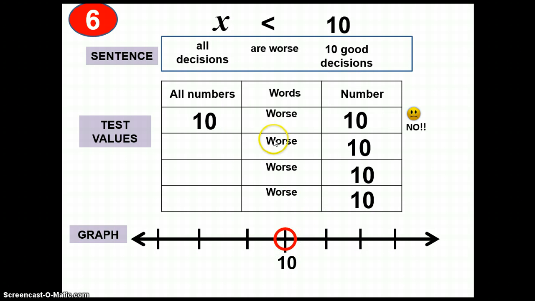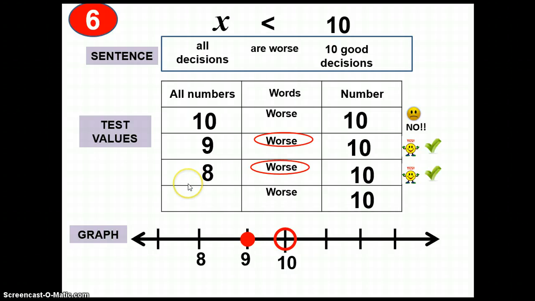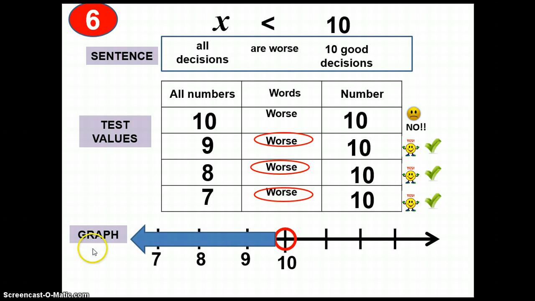What are some other numbers that are worse or less than 10 good decisions? 9, right? 9 is way worse. 8 is worse or less. 7 is also worse. So all these numbers to the left are less than 10.